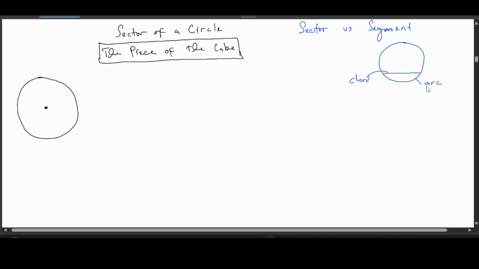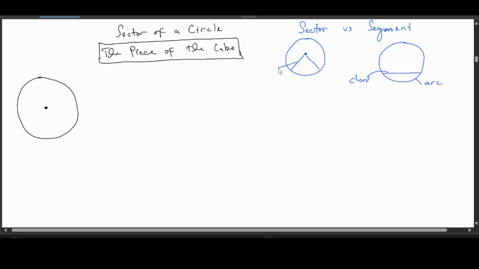One arc is a minor arc, and the arc on the other side is a major arc, if you remember from our circle geometry. Whereas a sector is formed by 2 radii plus an arc.